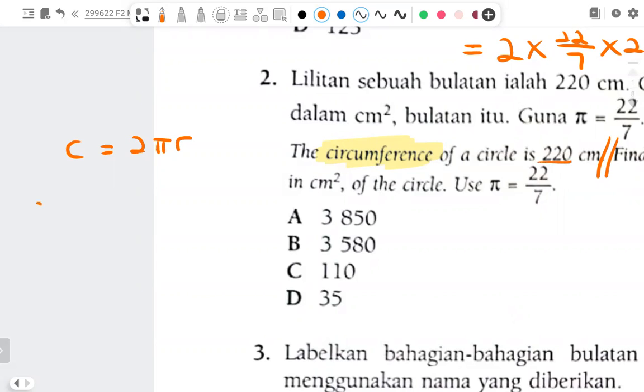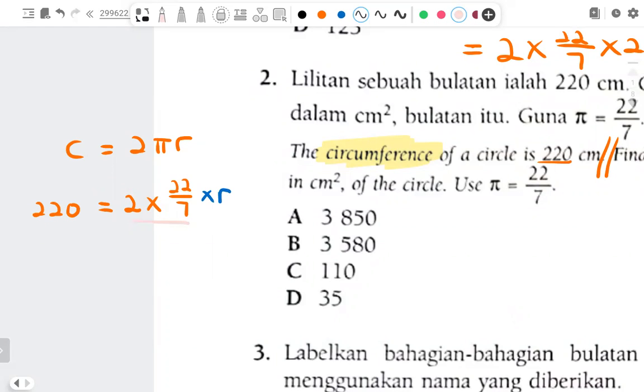So we can substitute 220 equal to 2 times pi times radius. We do not know the radius, then we just write back the letter, times r. So same thing, whatever can do, can substitute. Can multiply, we do first.